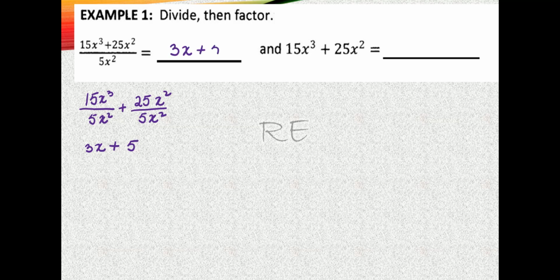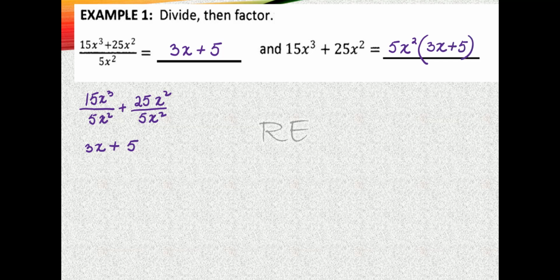So the quotient is 3x plus 5. The divisor is 5x squared. So now when we need to factor, we'll just multiply the quotient 3x plus 5 by the divisor 5x squared.